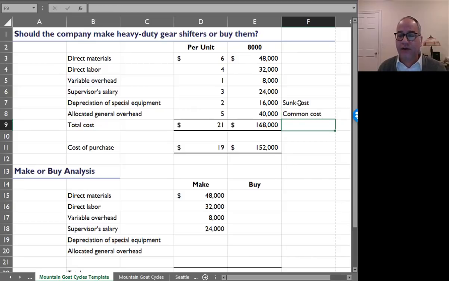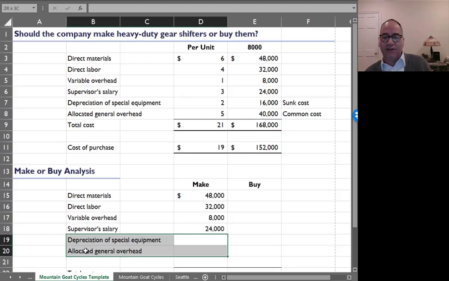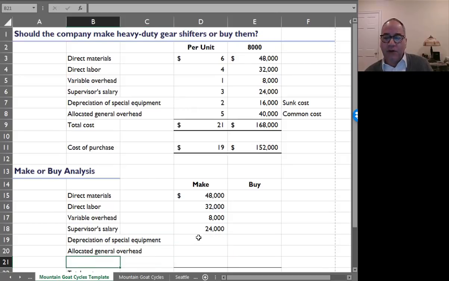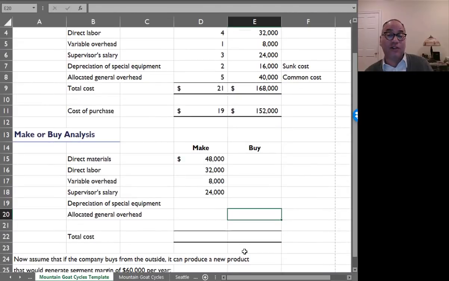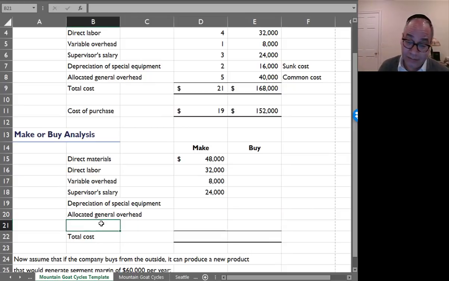So that's not going away either. So that's not relevant to this decision. And that's why I'm leaving it out. And in fact, what you could do is include it, but then you've got to include it under buy too. Because if you buy the goods, the equipment is still going to depreciate and the overhead is still going to need to be allocated someplace.